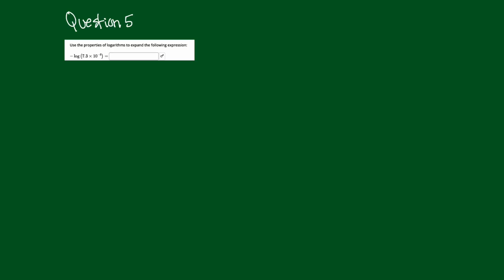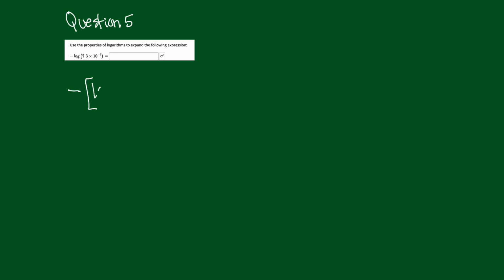Question 5 asks us to use the properties of logarithms to expand this expression right here. So first of all, I've got that negative. Now that negative is outside the log, so it's going to be negative. Now let's just do this. Inside, you can see a multiplication, so that means an addition is coming.